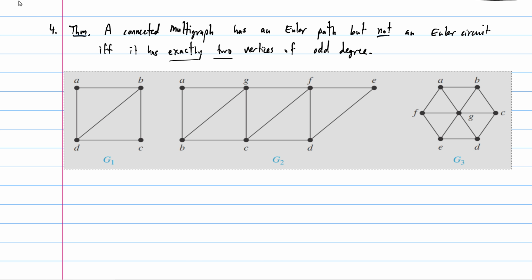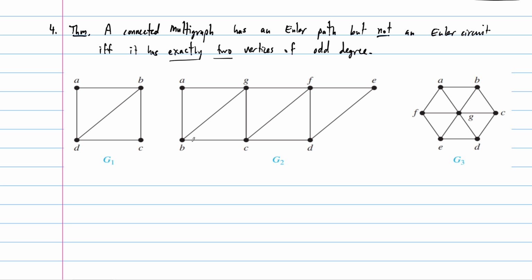All you have to do to use this theorem is to find the degrees of each vertex, right? So this vertex has degree 2, this one's 3, this one's 2, this one's 3. That's exactly two of them that are odd, right? So this one should be a yes. If it's a yes, then we should be able to find it.